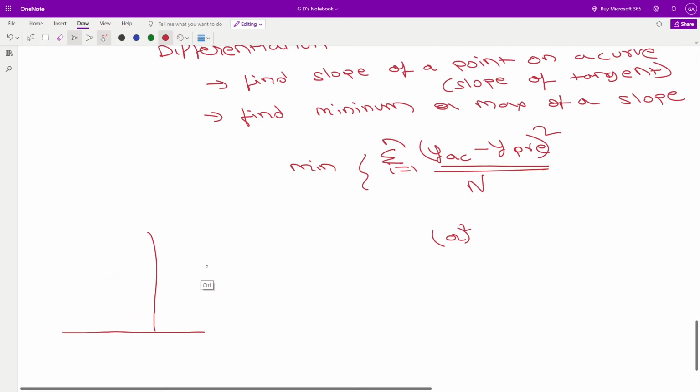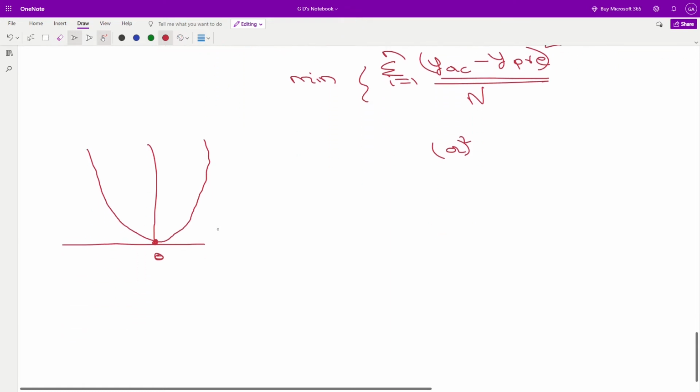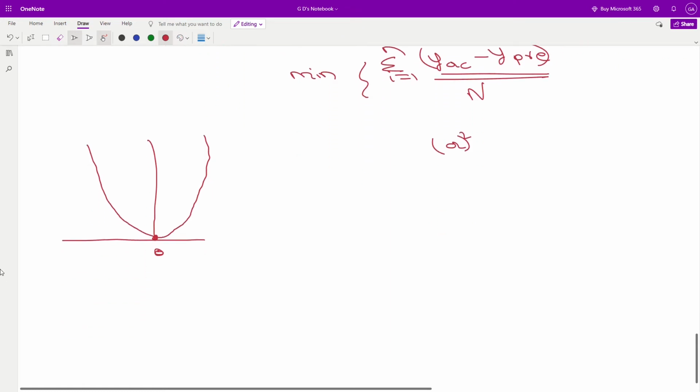Okay, let me draw it neatly. This is your zero point, and this is how the equation will be. Exactly the same way your error equation will be. Now the main idea of gradient descent is that you have to find this minimum point.